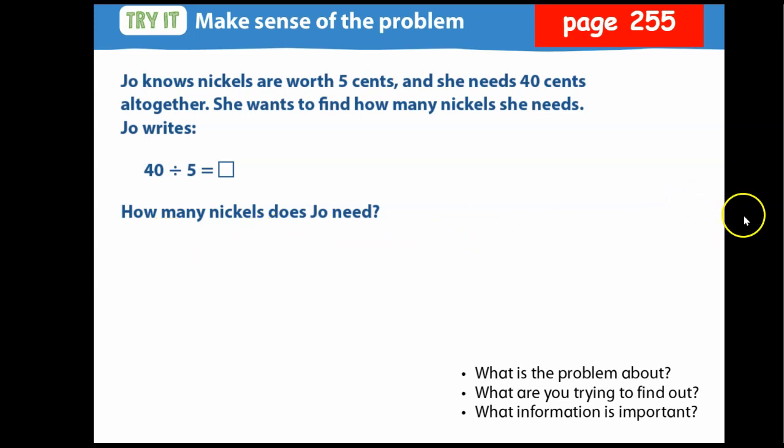I could do a fact family, meaning I could do 5 times something equals 40, right? Somebody said groups of 5.